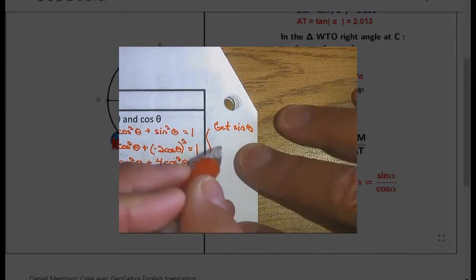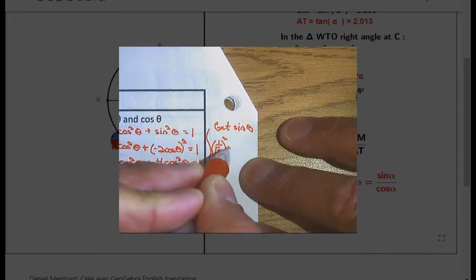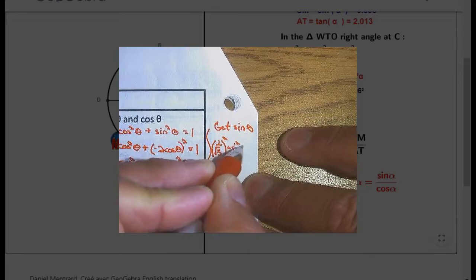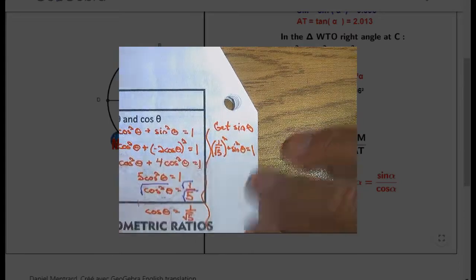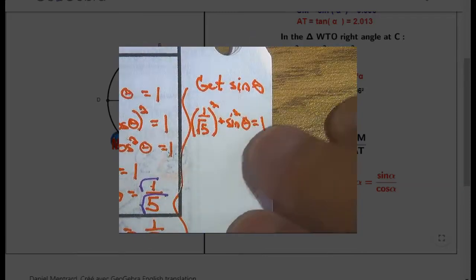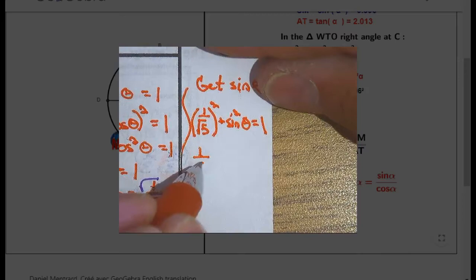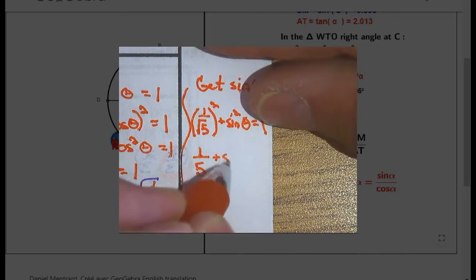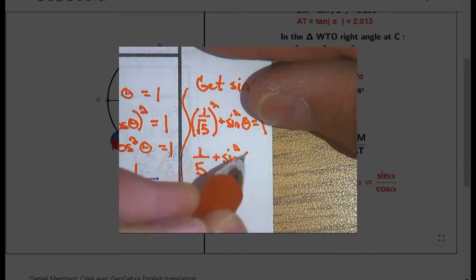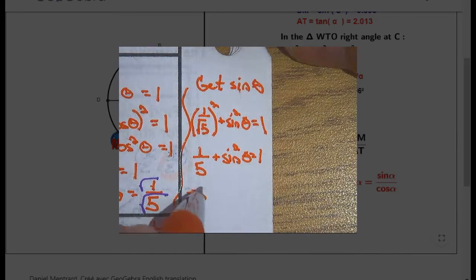Okay, so I'm going to have 1 over root 5 squared plus sine squared equals 1. Now we just solve that. So 1 squared over root 5 squared. Subtract 1/5.